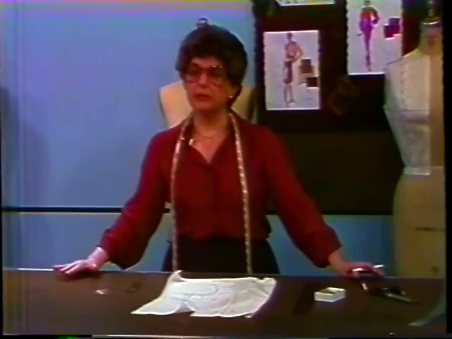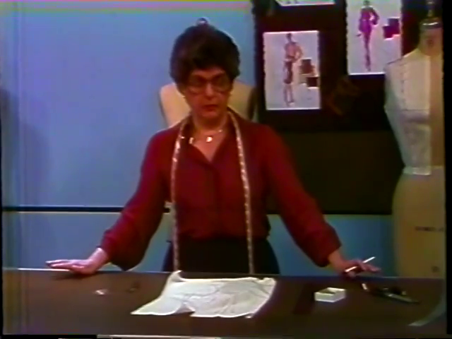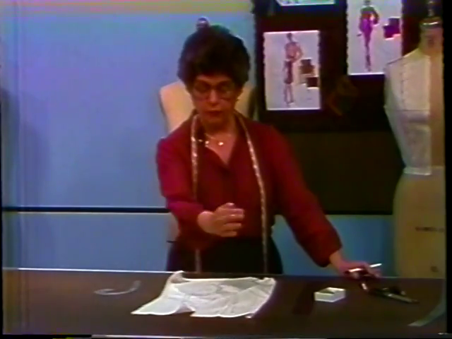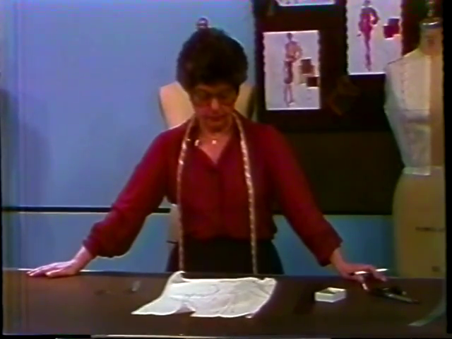The bodice has now been trued except for the waistline. The waistline will not be trued at this time. We'll save that portion until the back has been draped and trued and pinned together at the underarm for a complete truing of the waistline at that time.